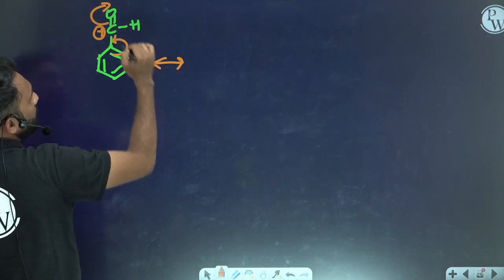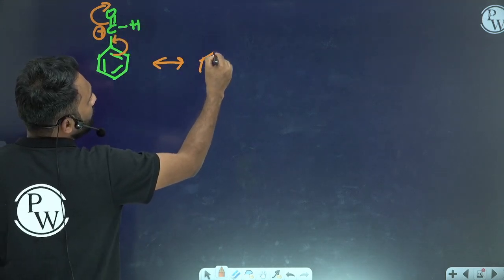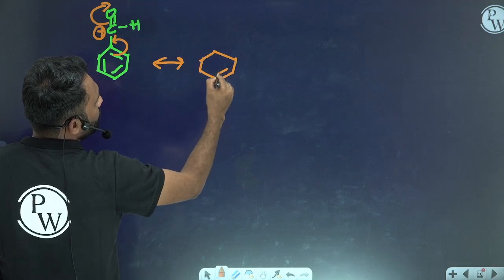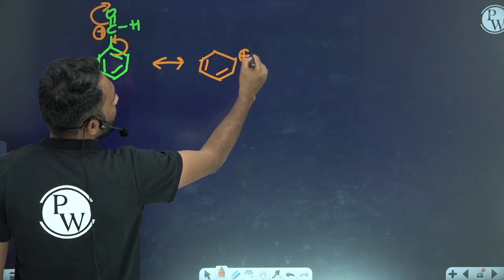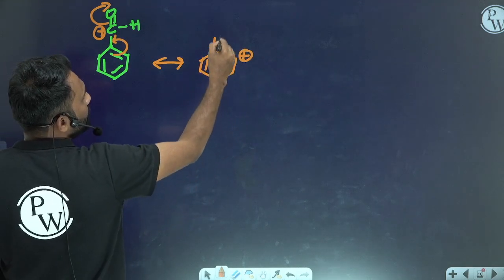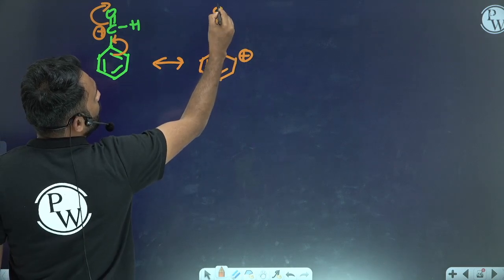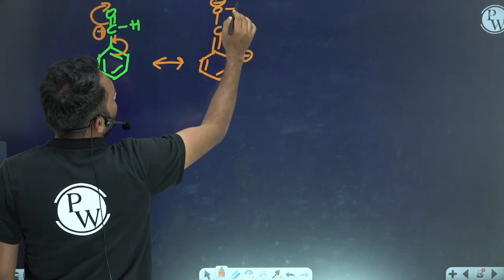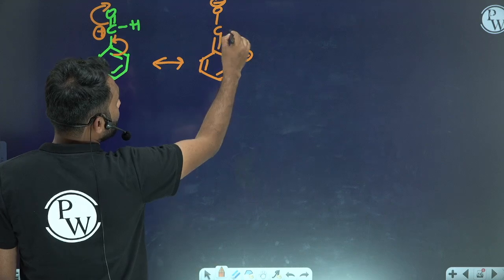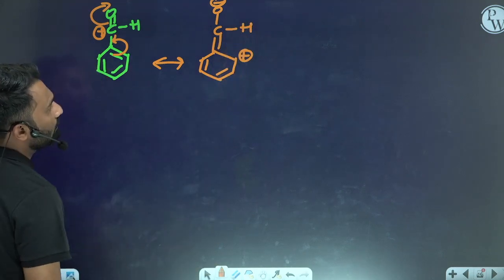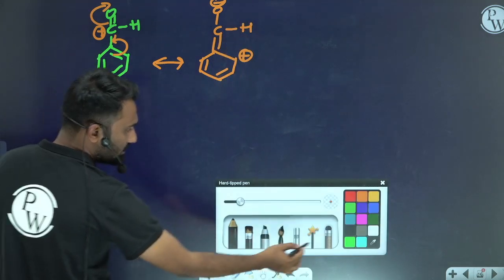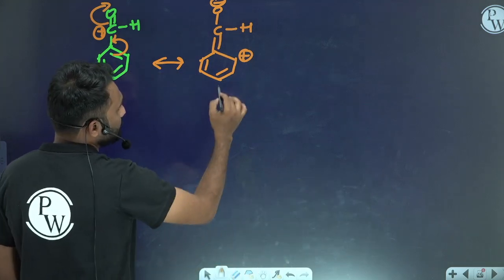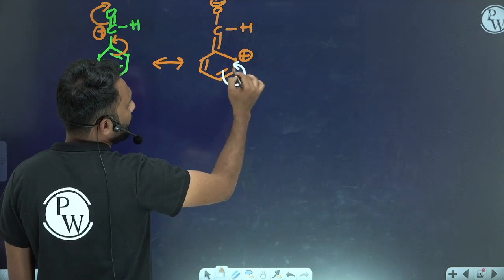When this pi bond is delocalized to this carbon, the ring carbon gets the positive charge. This is carbon, O minus, and this is H. Clear.